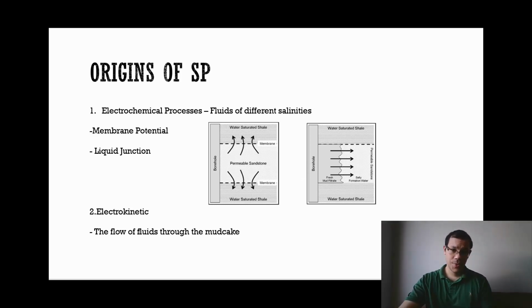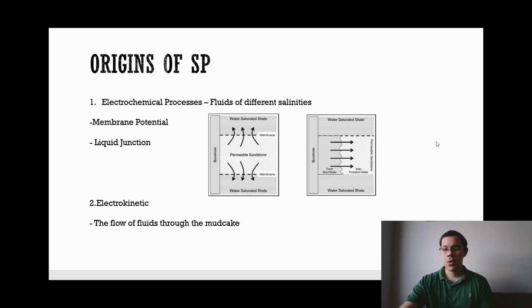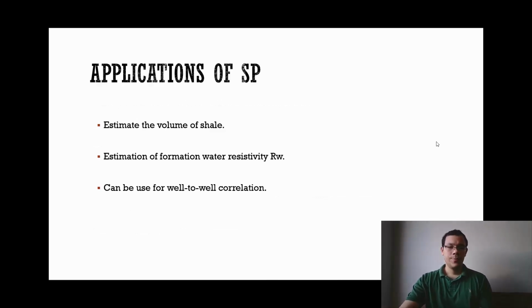The second contributor is the flow of fluid through the mud cake. But that's just theory. Now, regarding the applications of SP, when running it, it can help you to estimate the volume of shale.